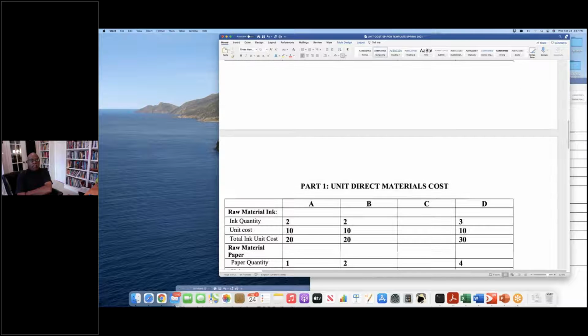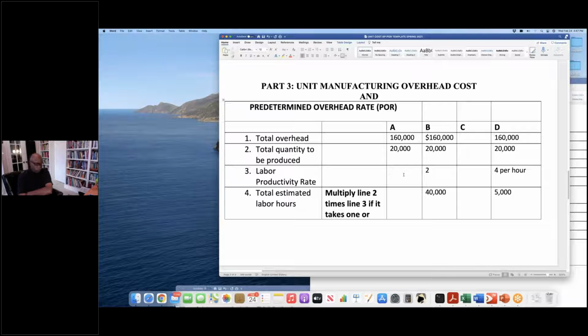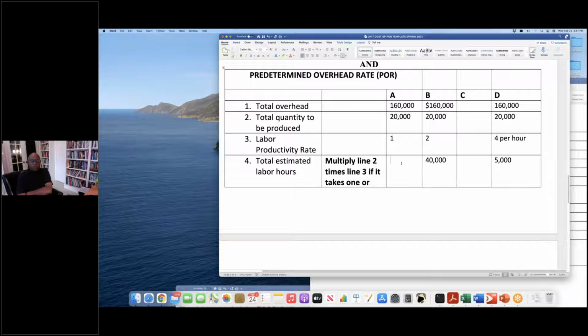Now we need our unit overhead cost. So we go to our chart here. What's our total overhead? 160,000. Then you put 20,000 as your quantity. You can make 1 an hour. Multiply 20,000 by 1, 20,000.